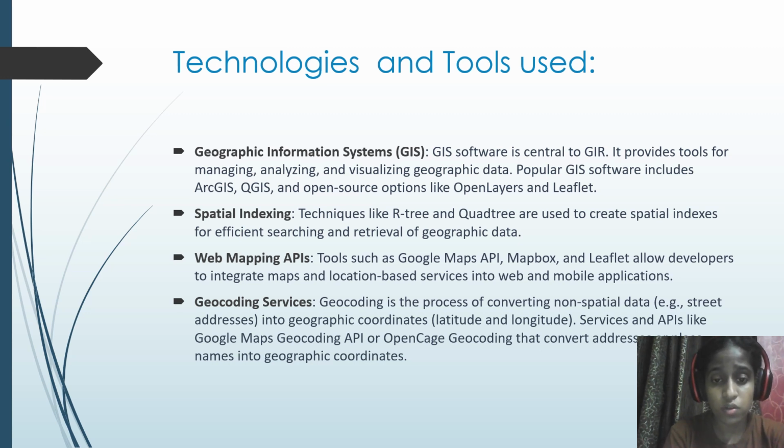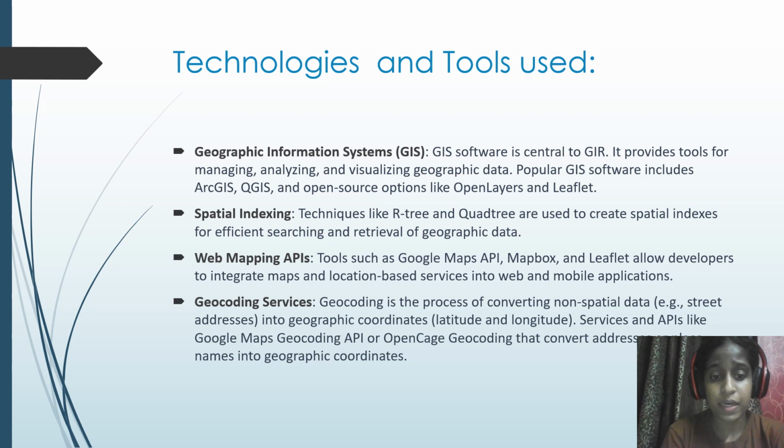Then it is geocoding services. First of all, geocoding is the process of converting non-spatial data, for example, street addresses, location names, etc., into geographical coordinates, that is, latitude and longitude, which is measured in degrees.